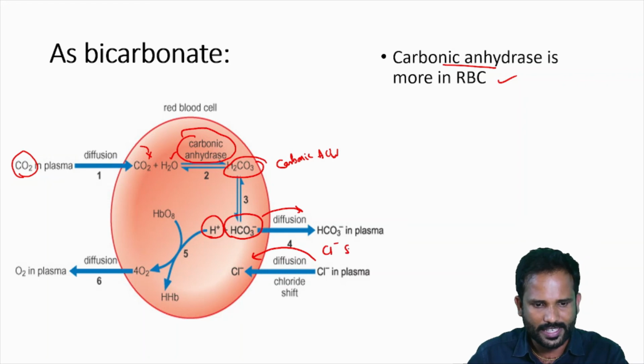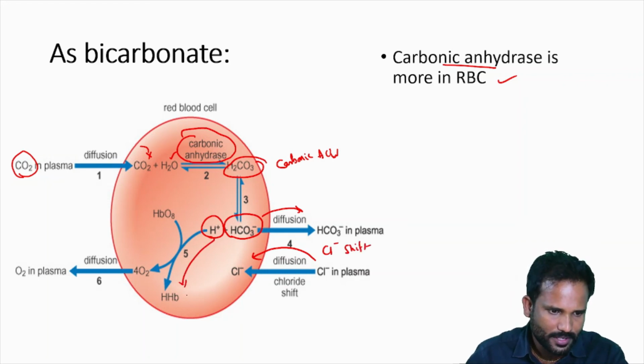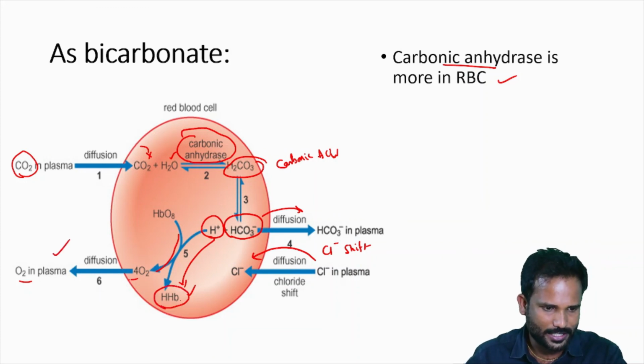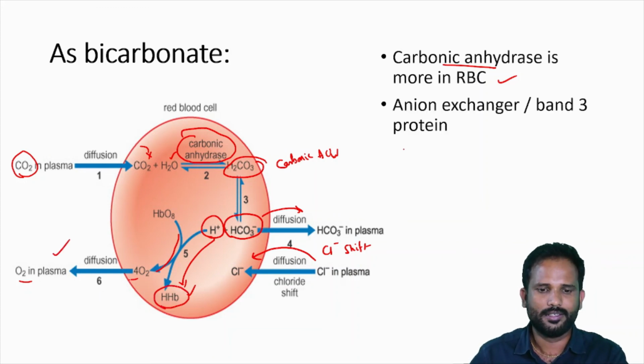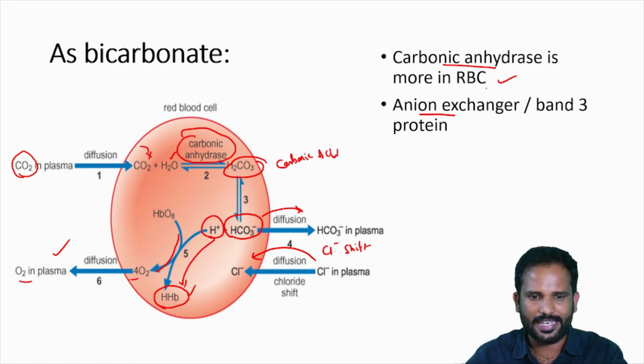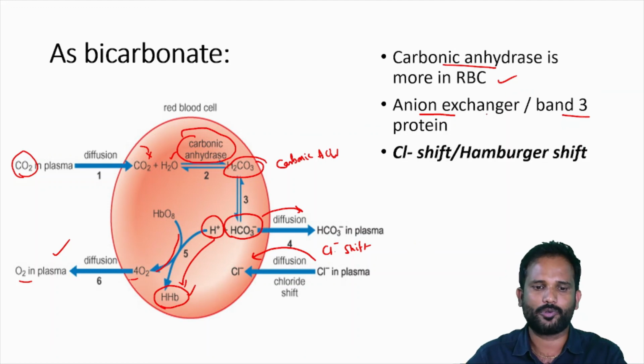We call this the chloride shift. The H plus formed binds to hemoglobin, which causes the dissociation of oxygen, so oxygen is released into the plasma, and this H plus is buffered by hemoglobin. This chloride-bicarbonate exchanger is called the anion exchanger or band 3 protein, and the chloride shift is also called the Hamburger shift.